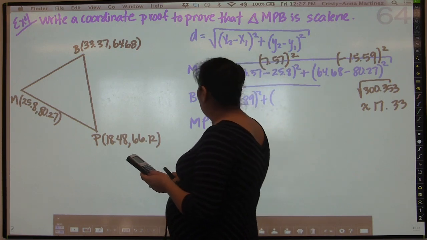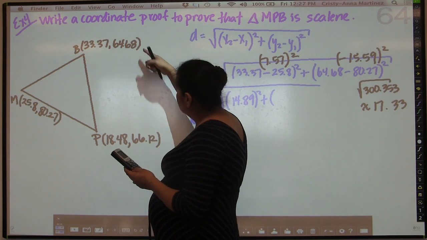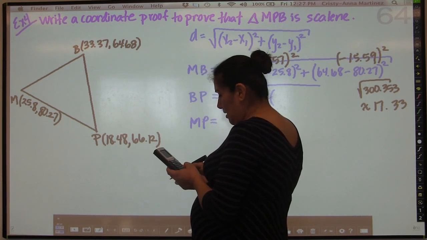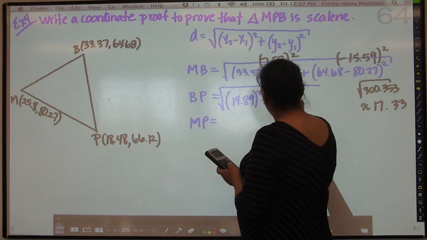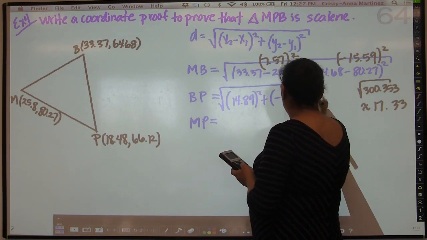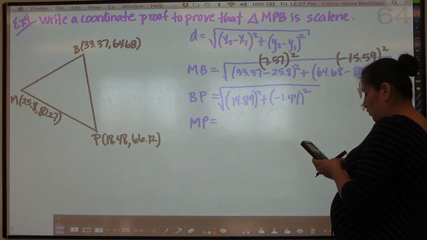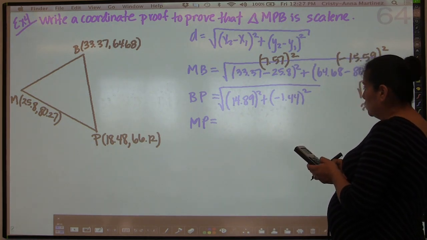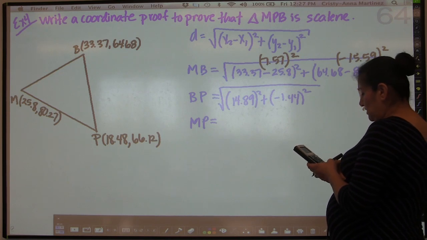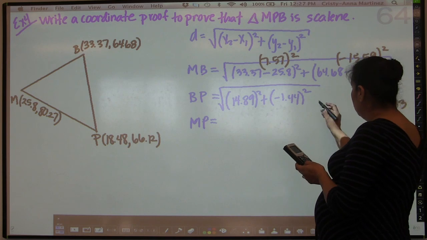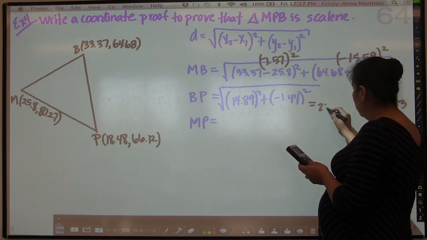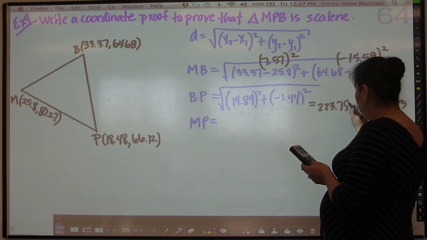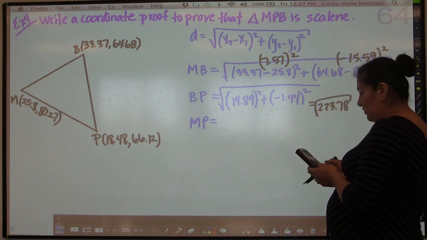And then the difference in the y coordinates is going to be 64.68 minus 66.12, and that's negative 1.44 squared. Okay, so then I'm going to do 14.89 squared plus negative 1.44 squared. And that gives me a value of 223.78 something. So you square root that.